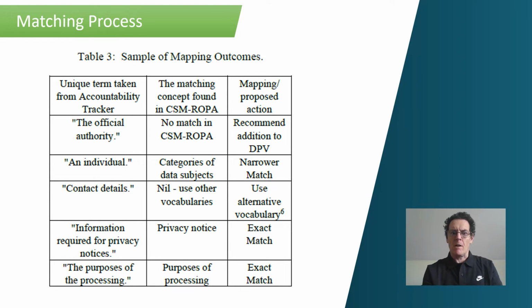For the term contact details, we did not have a term in CSM-ROPA, but we could avail of other vocabularies such as vCard to achieve this match. We were unable to match the term the official authority in CSM-ROPA. We completed this process for all 131 terms. The results of this will be displayed in the next slide.